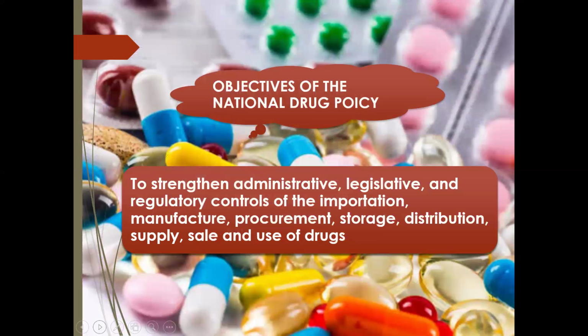The next objective is to strengthen administrative, legislative, and regulatory controls of the importation, manufacturing, procurement, storage, distribution, supply, sale, and use of drugs. The essence of this particular objective is to have a legal backup in place to make sure that all drugs entering the country pass through the regulatory process, through NAFDAC, through the Standards Organisation of Nigeria, and every other relevant authority before they go to circulation.